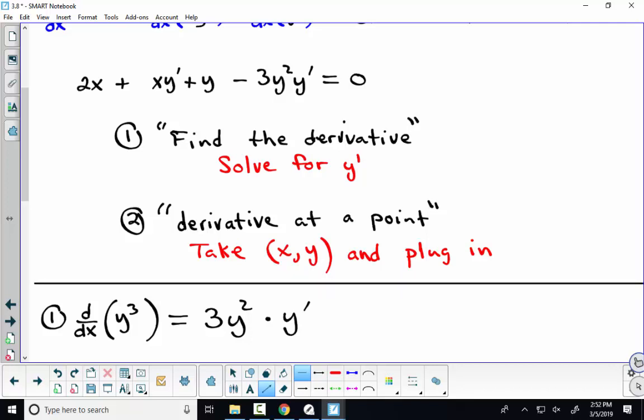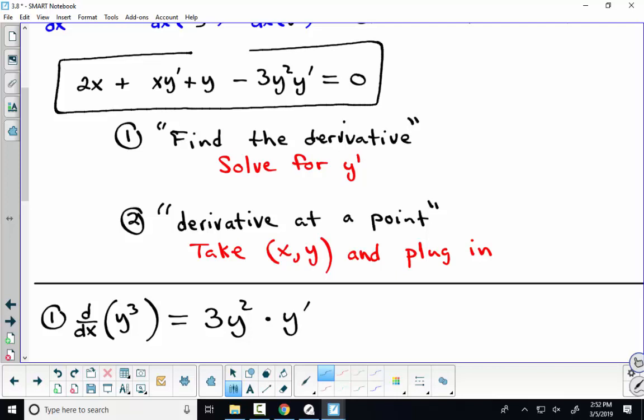In either case, if they say find the derivative or the derivative at a point, you can solve for y prime and then plug in. I personally think it's easier to take the derivative as we have it here, and if we've got to plug in a point, plug that in just how we have it and solve for y prime.